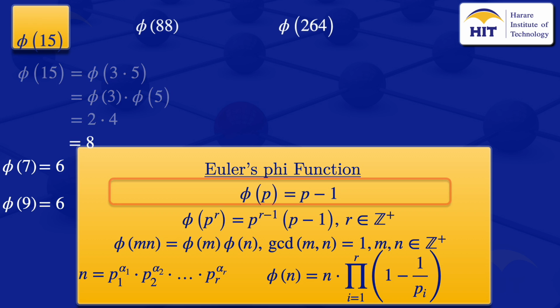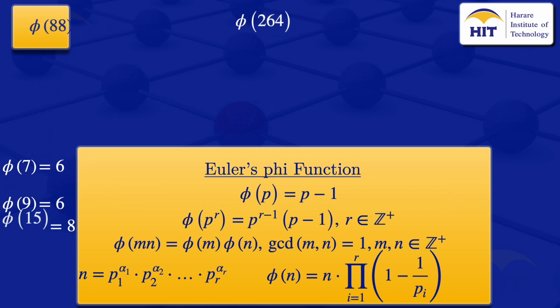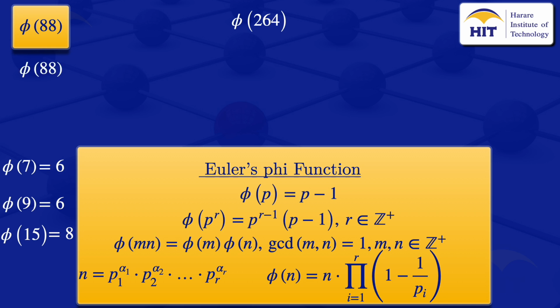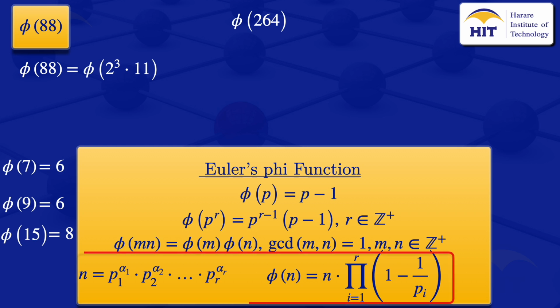I will now move on to the next one, phi of 88. We do not have a prime there, so let us find the prime factorization of 88. The 88 is 2 to the power 3 times 11. So we have phi of 2 to the power 3 times 11. The prime decomposition of 88 is 2 to the power 3 times 11, so we can use the property at the bottom, because we have 2 distinct primes, 2 and 11.